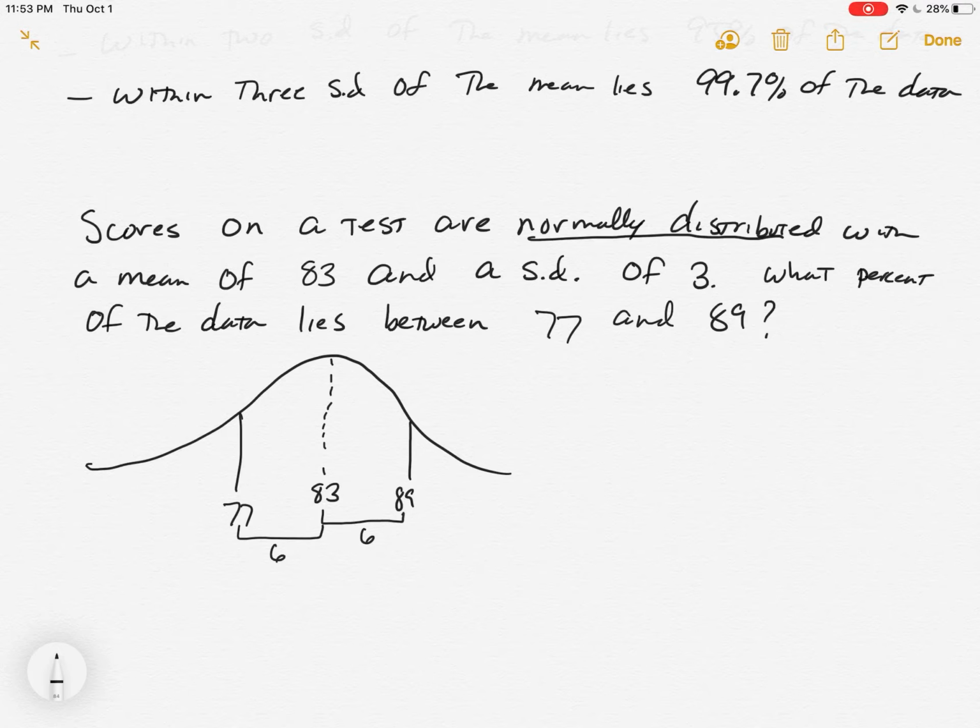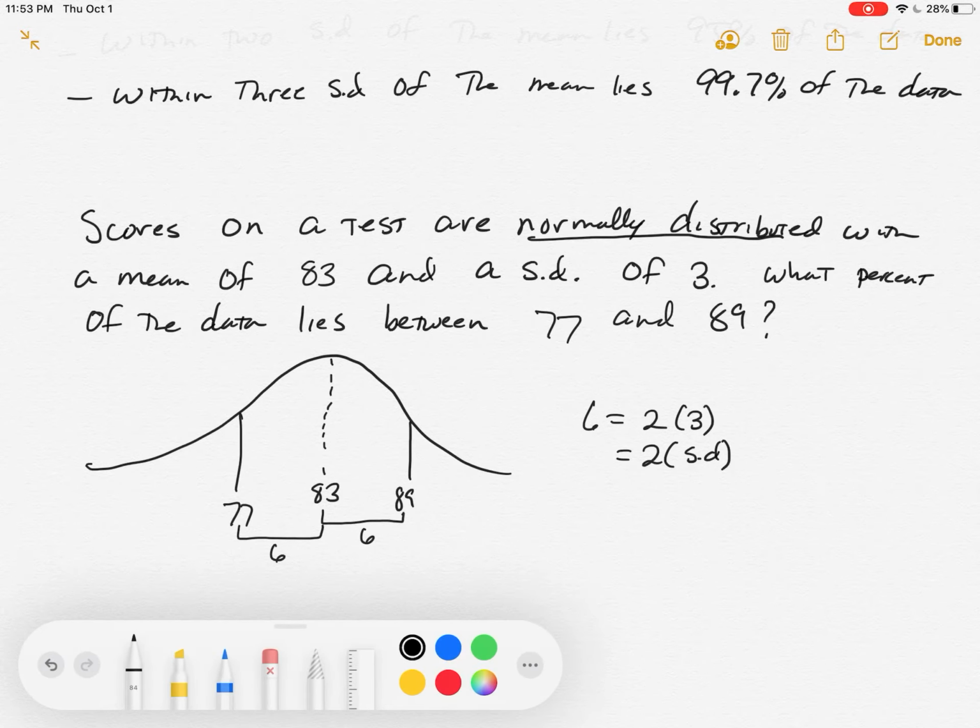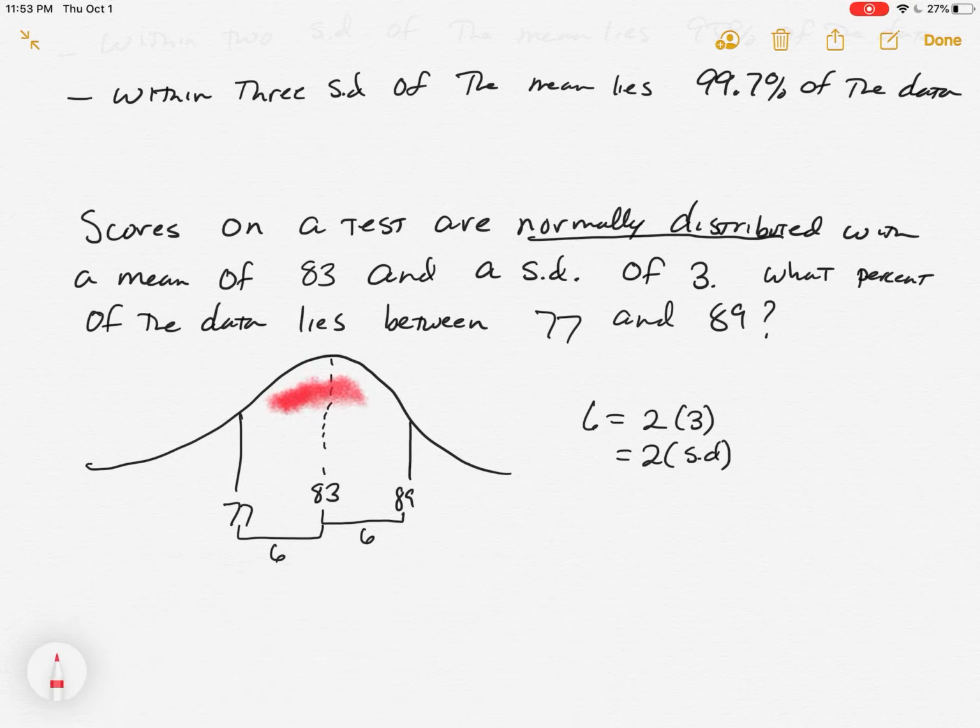Now, that difference of 6 is special. 6 is 2 times 3. Now, why do I care that it's 2 times 3? That's 2 times the standard deviation. So this is 2 standard deviations. This whole distance right here, I'll highlight in red this time because it's different than we had before.